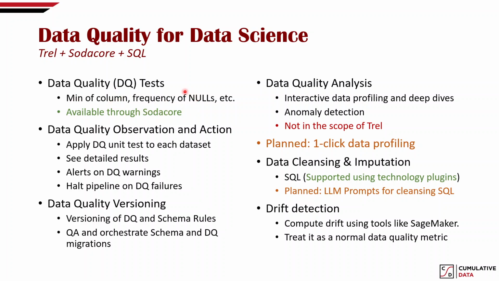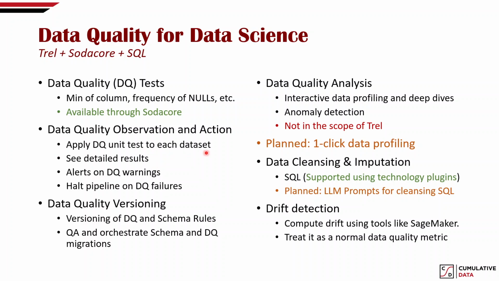You can go into the details of the documentation of SodaCL to learn more. What Trel does in this picture is that it applies the data quality unit test to each data set that is being generated through Trel, and it lets you see the detailed warnings at various points in the UI.